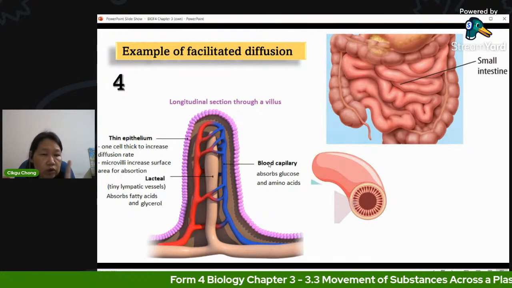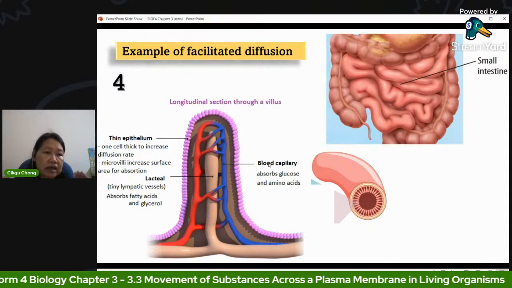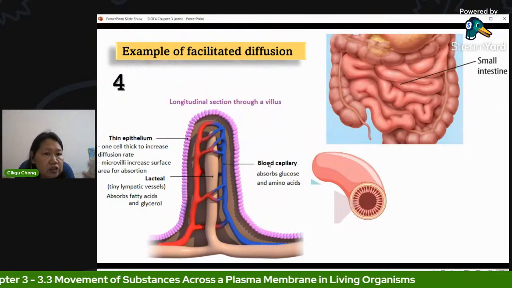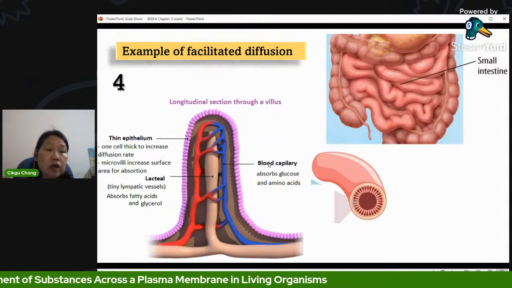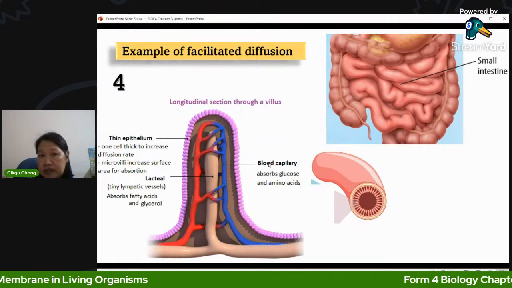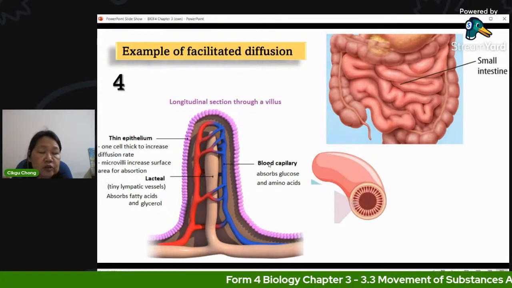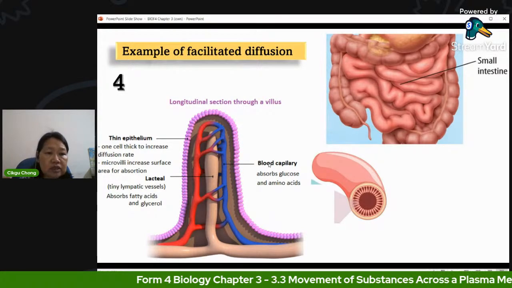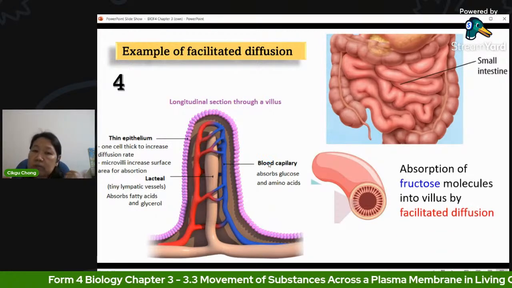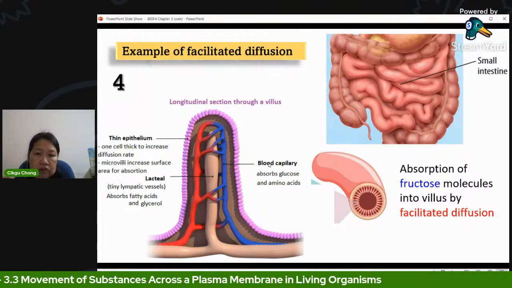This shows one of those finger-like projections, which is called a villus, and its function here is to absorb the nutrients that have been broken down, that have been digested. So it goes into the blood or into the lacteal, to be utilized by the body. So number 4 here is an example of absorption of fructose molecules into the villus by facilitated diffusion.